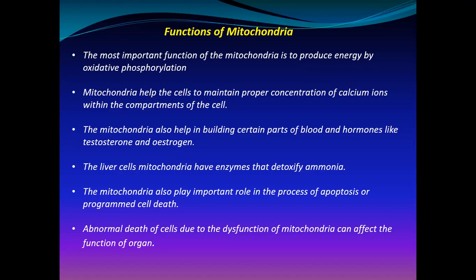Mitochondria also play an important role in the process of apoptosis, or programmed cell death. Abnormal death of cells due to dysfunction of mitochondria can affect the function of the organ. So this slide is very important.